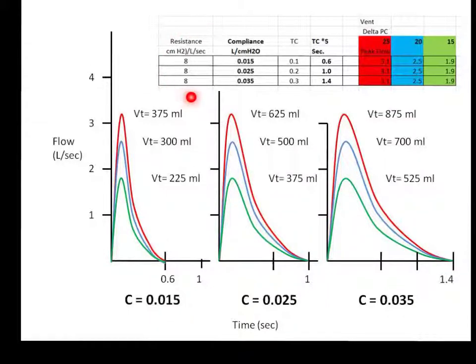The resistance will be constant. So what I'm going to change when I change that pressure control level is the peak inspiratory flow. I'm going to change the tidal volume delivered for my patient, but I'm not going to change the TI dynamic or the length of time it takes to get distribution of ventilation or the pressure from the mouth into the lungs. That's what this diagram shows for us.